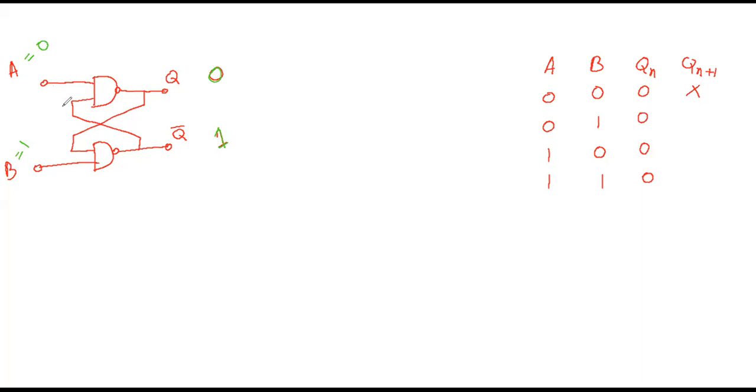Now check. So what is the input at gate 1? This is gate 1 and this is gate 2. What are the inputs at gate 1? Tell me.